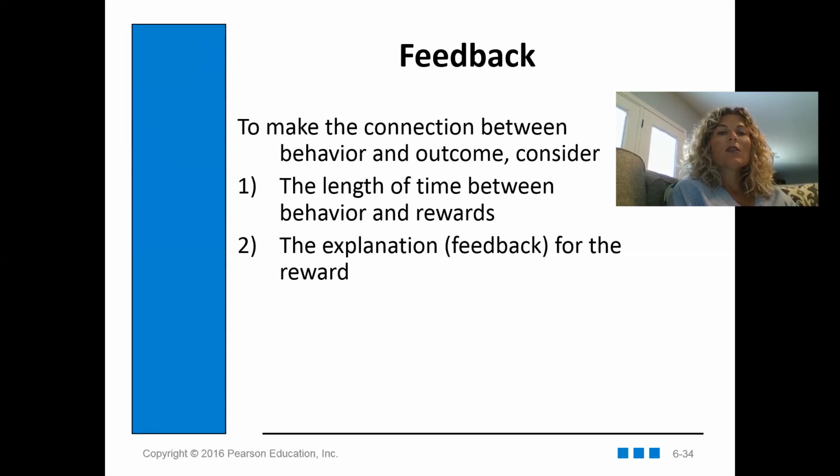So things to consider to help make that connection stronger is the length of time between the behavior and the rewards, making sure that the amount of time is very short between those two things. If they have the expected behavior, they meet a goal, they do something, I want to make sure that reward is kind of right behind that. So they know that they're getting rewarded for that behavior, because that behavior is what we want to reinforce.